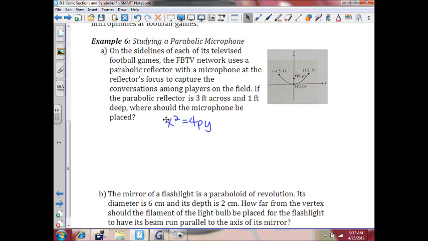Well, here's what we're going to do. We know this distance is 3 feet. This distance is 1 foot. So that's why we have 1.5 and negative 1.5. So x squared will actually equal plus or minus 1.5 squared is equal to 4py, and the y value is 1.